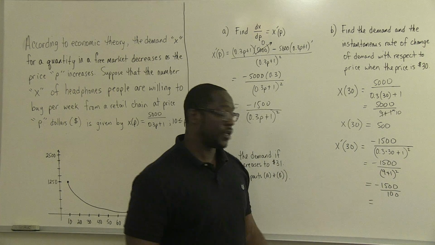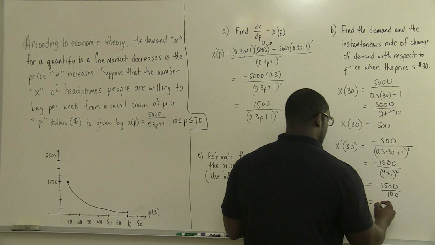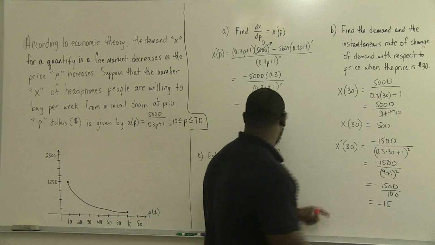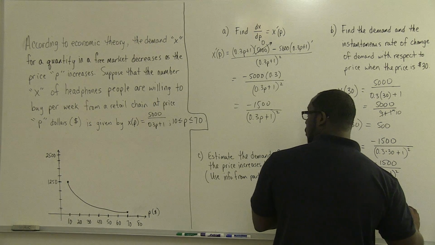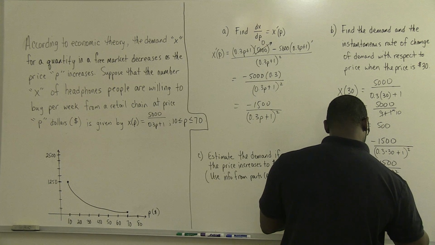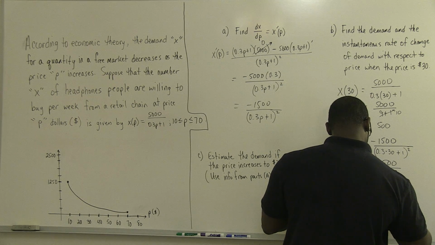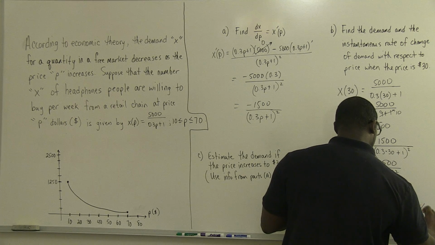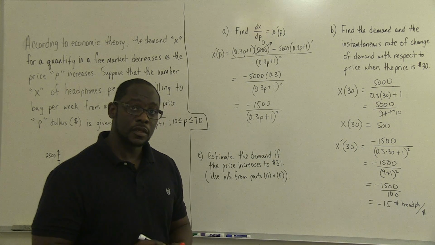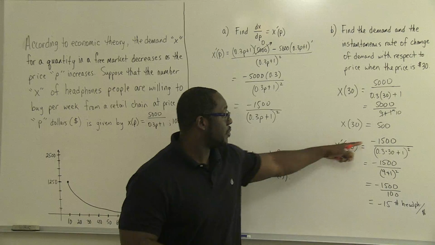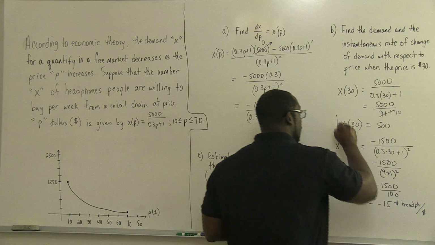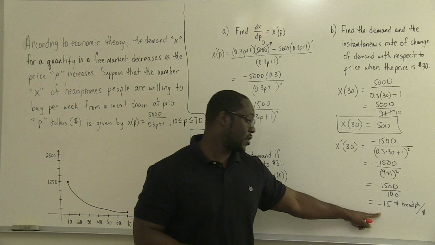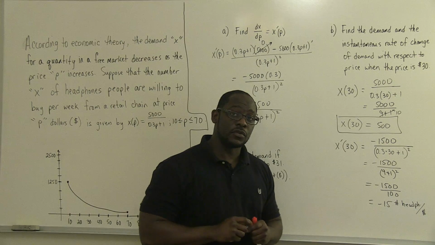If we divide negative 1,500 by 100, we get minus 15. The units on this would be headphones per dollar. So demand is 500, and at a demand of 500, the demand is decreasing at a rate of 15 headphones per dollar.